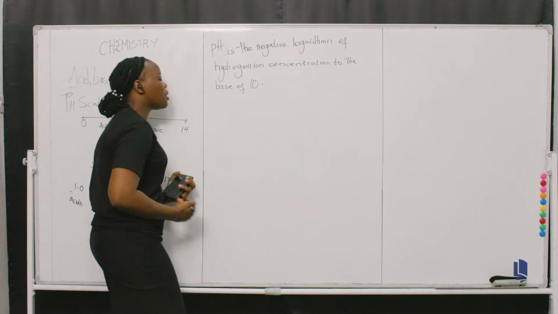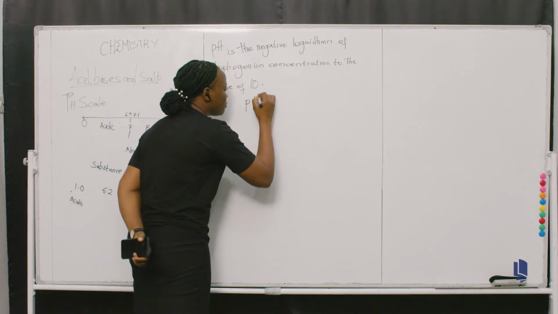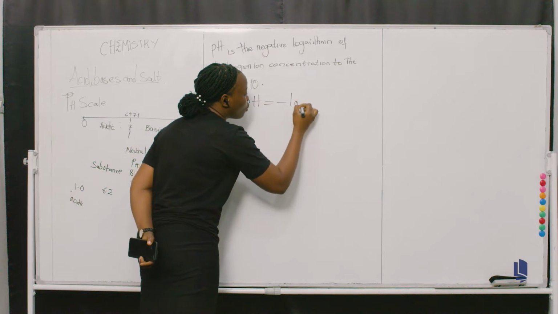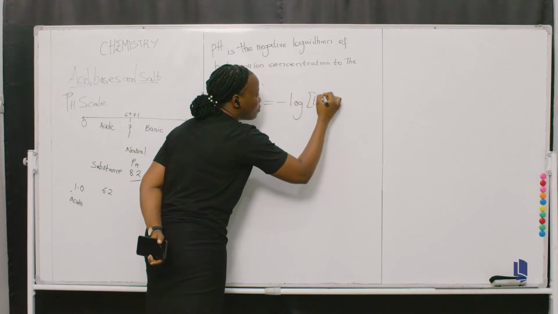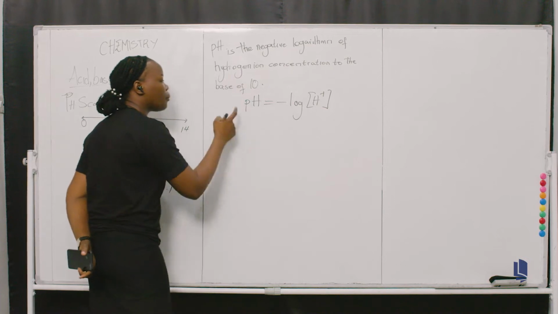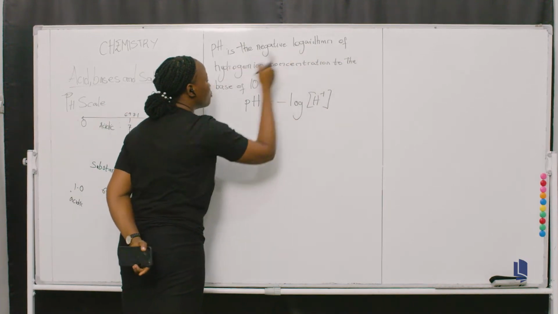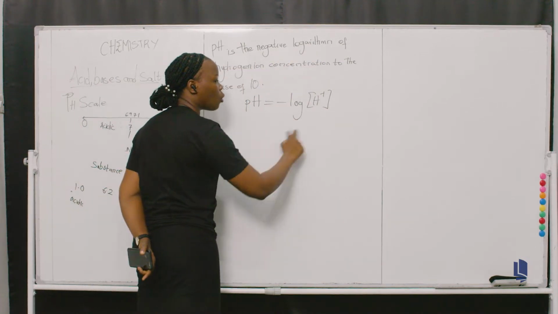So I can write pH to be minus log H plus. pH is the negative logarithm of hydrogen ion concentration to the base of 10.